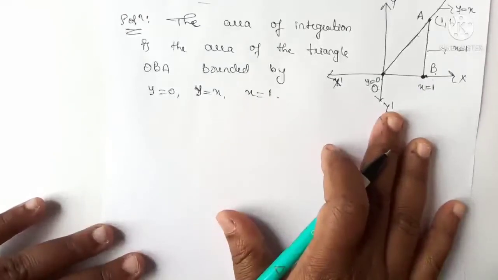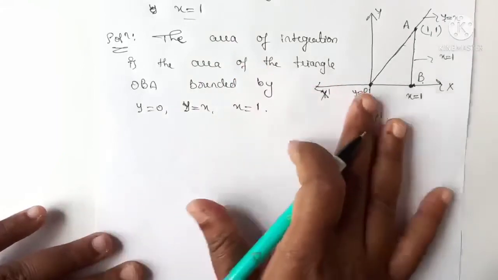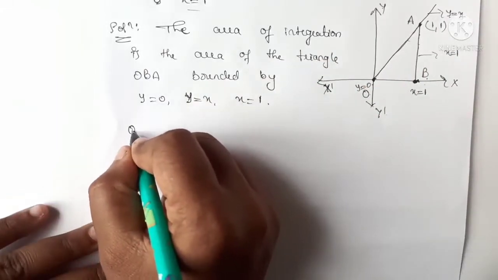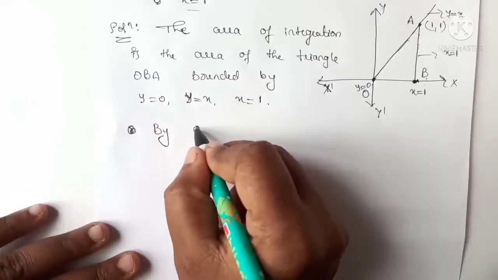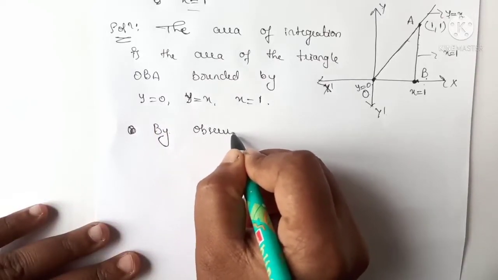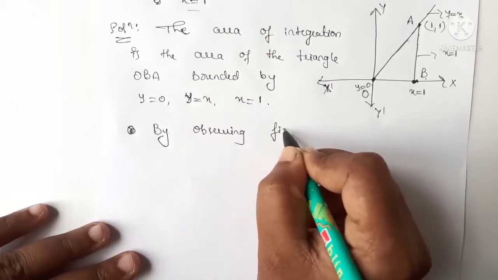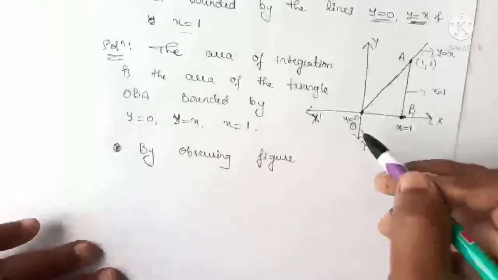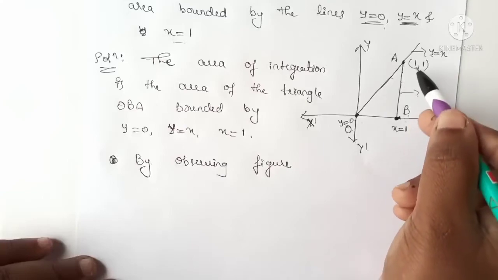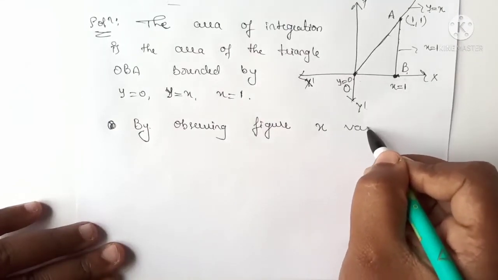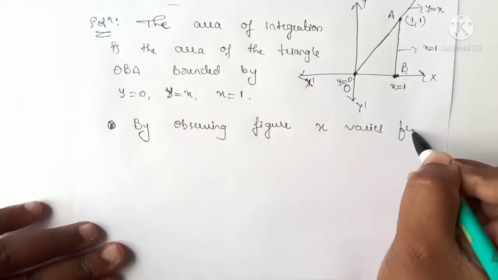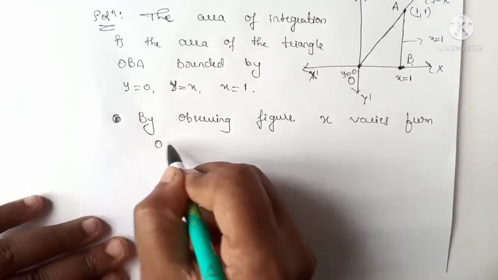Now by observing the figure, we have to write the limits for x and y. By observing the figure, x varies from 0 to 1.